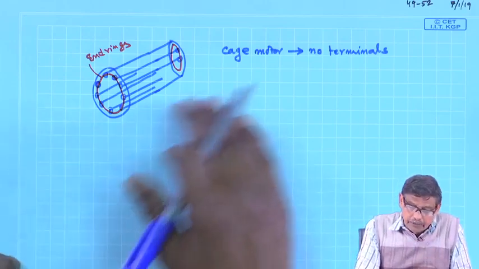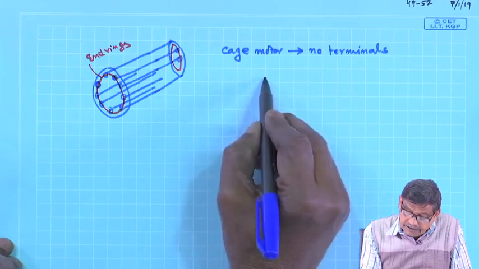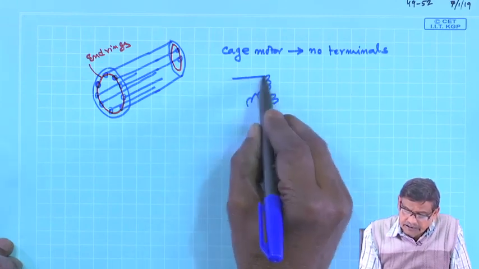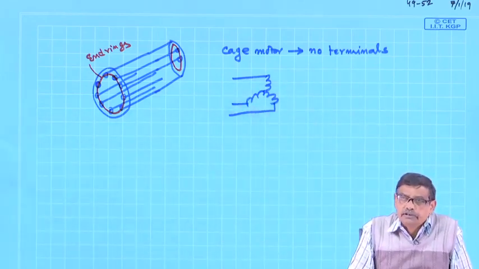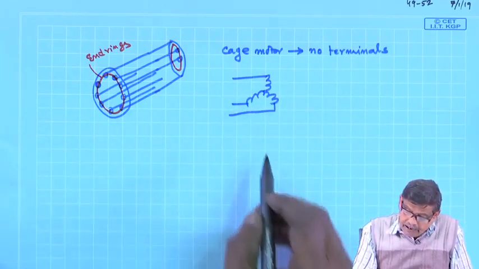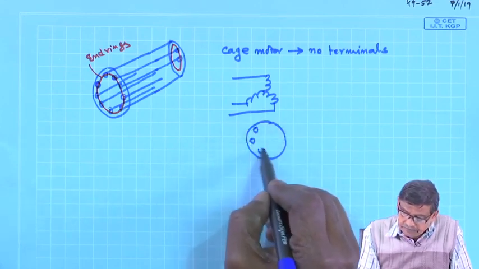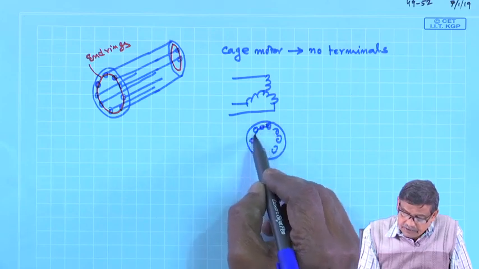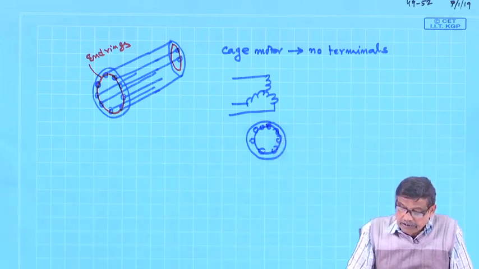I was telling about how to deal with this, and such a cage induction motor will be represented in this way. Stator winding is of course our traditional 3-phase distributed winding, and cage rotor is shown like this symbolically, and they are shorted, that is all, no rotor terminals.